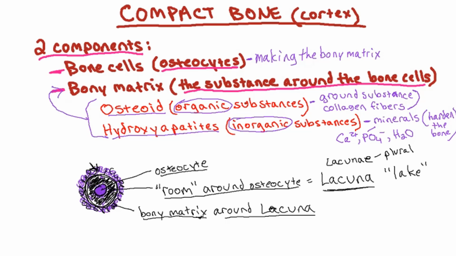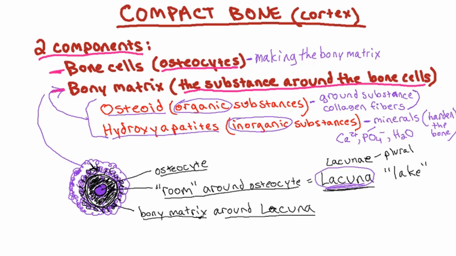The bony matrix is what surrounds the cell in a hardened substance. And within that hardened substance is a little room called the lacuna.